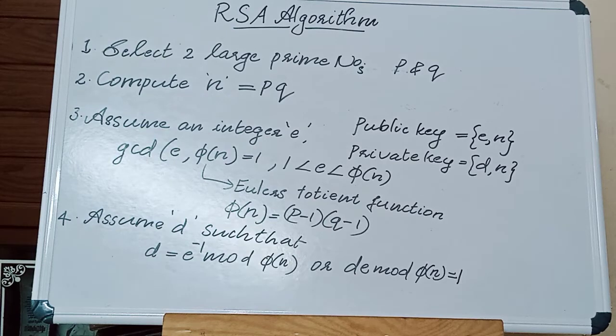The fourth step for implementing RSA algorithm is to find the decryption key D. Once the E value and D value are identified, then we can do encryption and decryption.